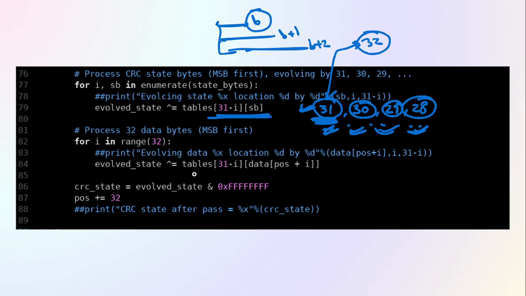For data it is the same thing, right? You take a look at the data and then you evolve it by the same amount, because the highest MSB of data will evolve by 31, and so on until the lowest byte, which will evolve by 0. It's just a lookup, no more zeros.